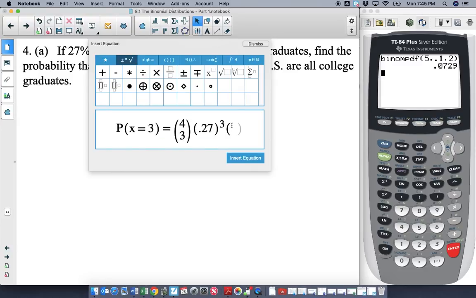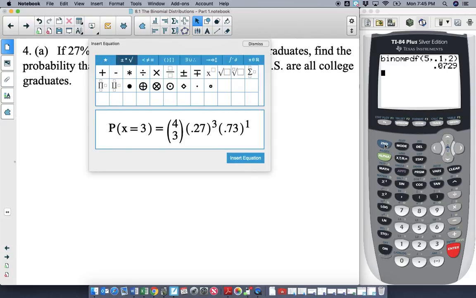You can type the 1 minus, or you can write the 1 minus 0.27, or you can just go ahead and write the 0.73 to the, and then again, you can write the 4 minus 3 power, or you can just write to the 1st power. But you still have to at least show this much work. Then you can go to your calculator.